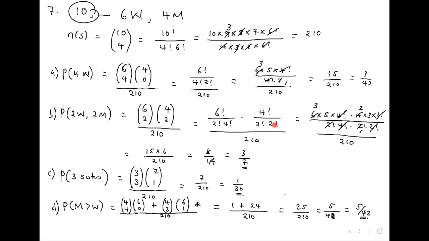So do we have some more questions? No questions? Okay. So how did you find the 6 factorial over 2 factorial, then 4 factorial?